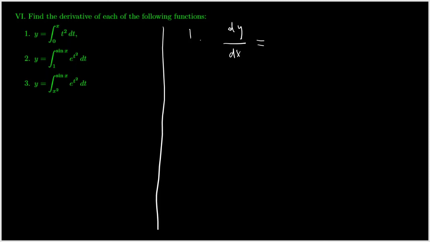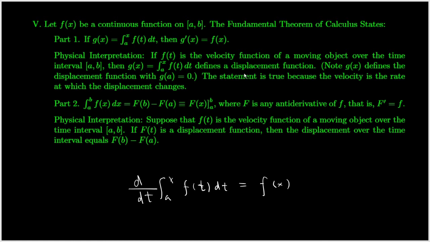I'm trying to say the derivative of the function y with respect to x is not t squared. You write x squared. This function is coming from the integrand, but do not use t for the variable. Use x, as in the statement of the fundamental theorem, right? The derivative of the upper limit function is the integrand, but you replace t with the x on the upper limit.